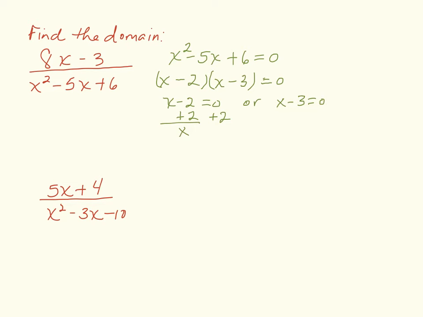So x is 2, or x is 3. So 3 and 2 are the values that if you plug them into the denominator, you're going to get a 0. So we have to write the domain now.